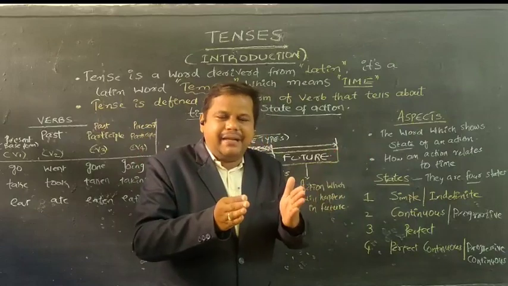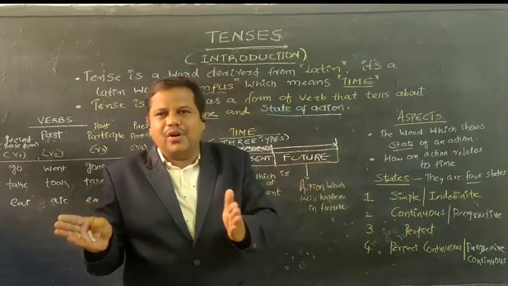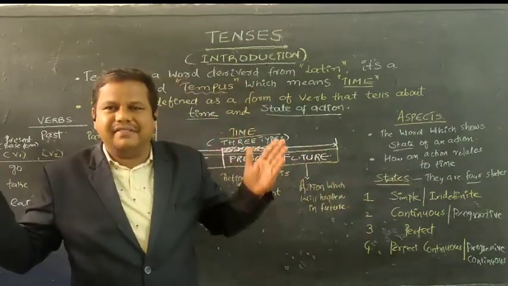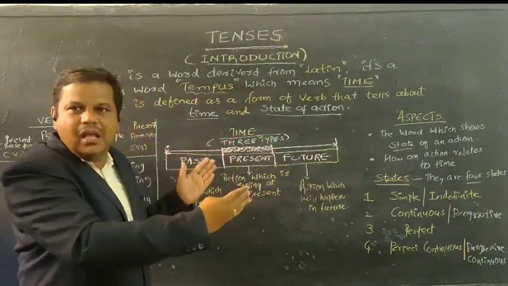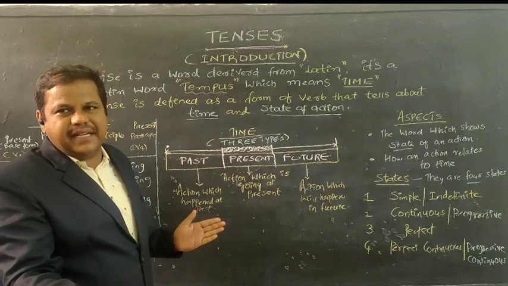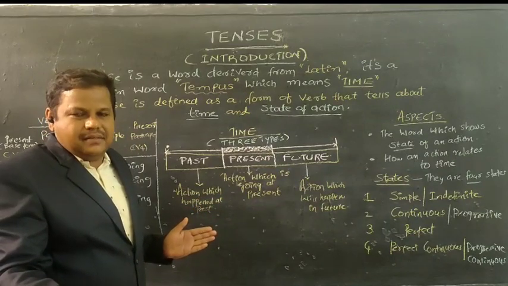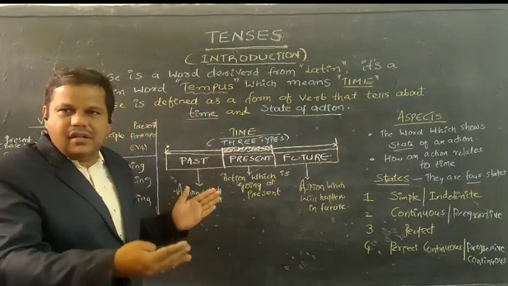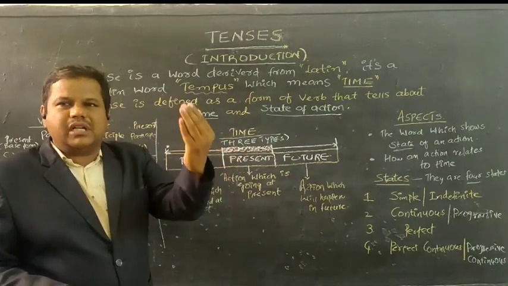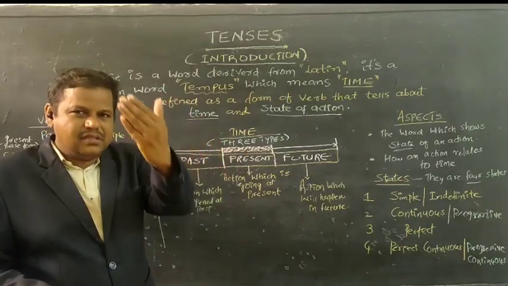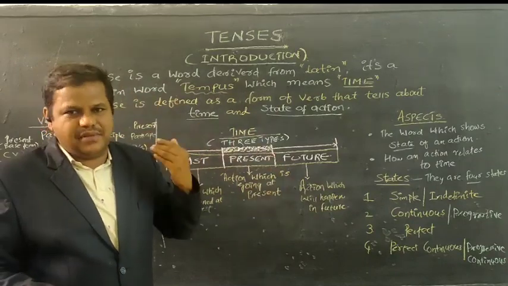If you multiply 3 with 4, you are going to get 12 different types of tense forms. Now we will see the table. What are the 12 different types of tenses? I'll list them out and give the general syntax. I'll explain what the different types of these 12 tense forms are.